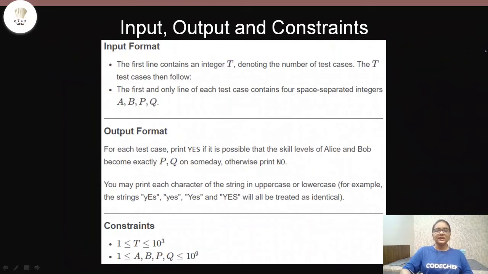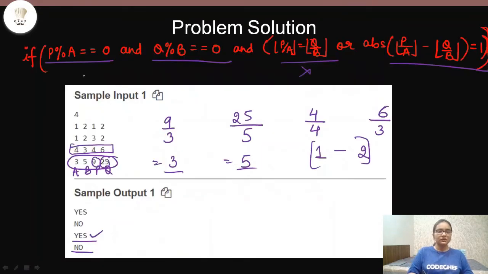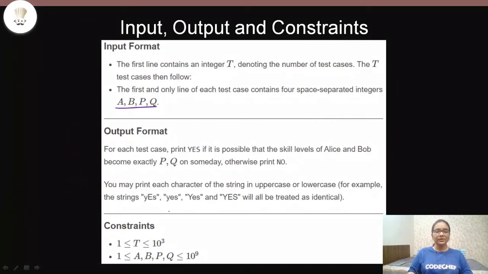Let us also see the input, output and constraints here. The first line will be the number of test cases, and then for each test case we will have A, B, P and Q. This is how the input will be given. This is the number of test cases, and then these are A, B, P and Q respectively for all the 4 test cases. In the answer you have to print yes or no. Yes and no can be printed in any format, capital or lowercase letters, all will be accepted.